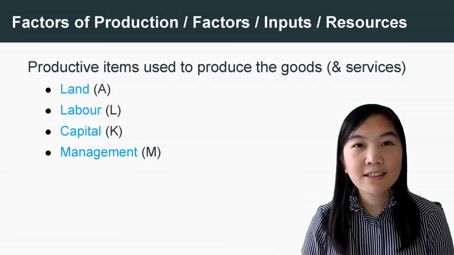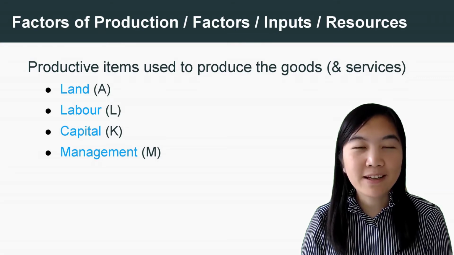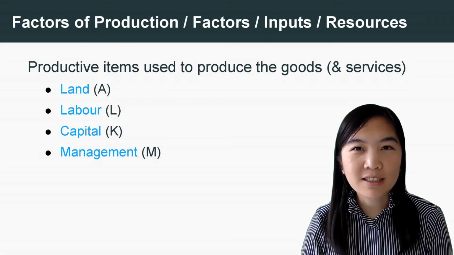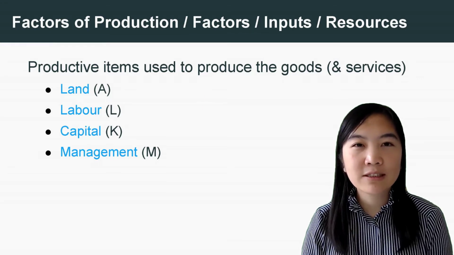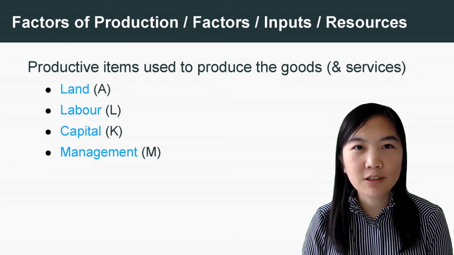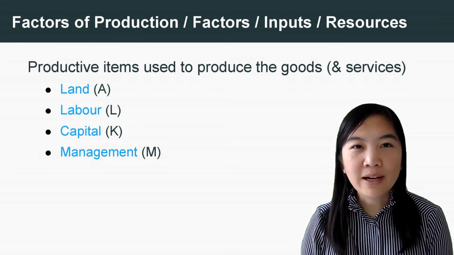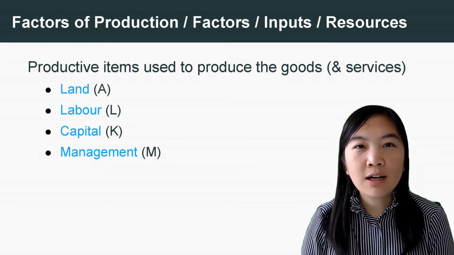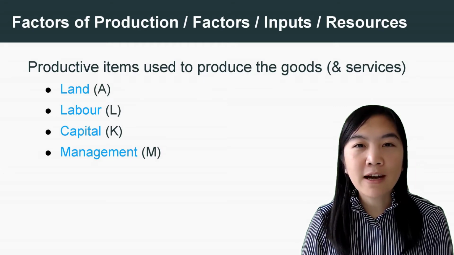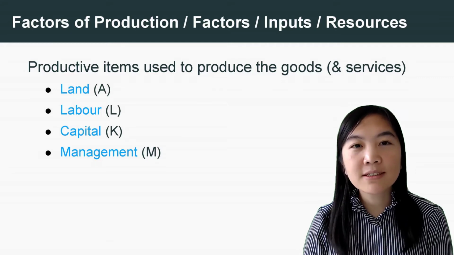On the left side of the flowchart are resources, which also have many names like factors of production, or simply factors or inputs. I'm going to use those words interchangeably for this course, but I hope you remember that when I say factors of production, it also means input. So factors of production or inputs are the productive items used to produce the goods and services.